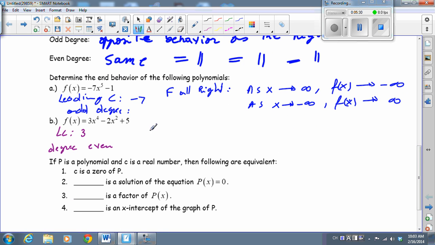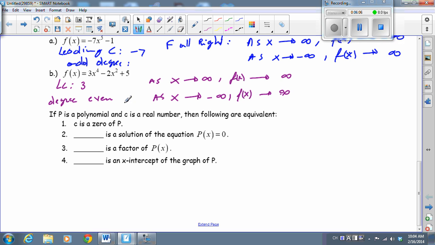Rising right means as x approaches infinity, f of x will be rising, meaning going also to infinity. Degree is even, meaning as x approaches negative infinity, it's the same behavior as the right. As x approaches negative infinity, f of x will also approach infinity because it has the same one.